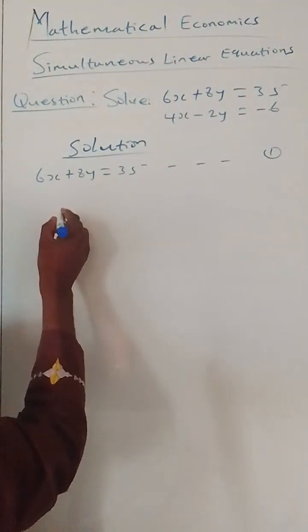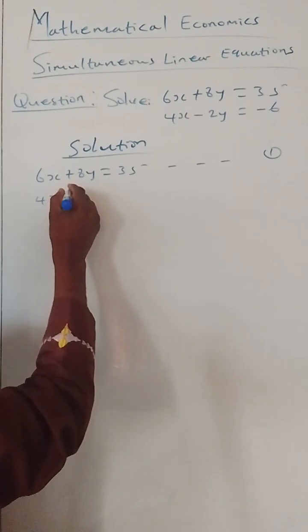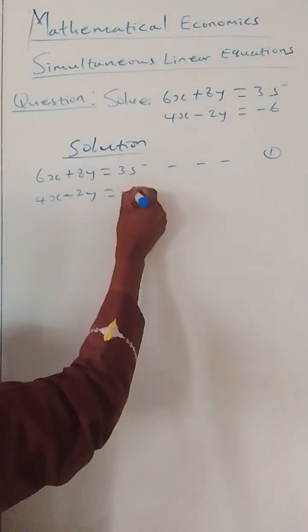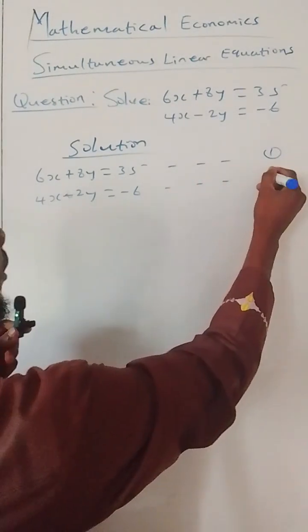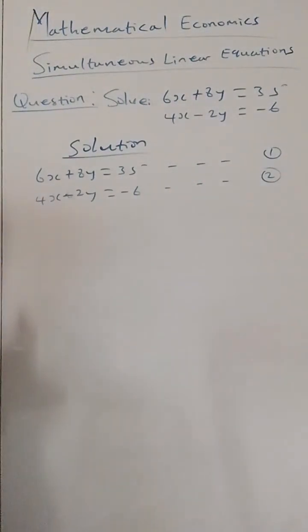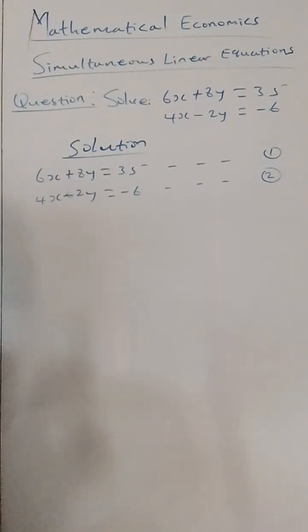The second one is 4x minus 2y equals minus 6, which I call equation 2. Irrespective of the method, it's advised to first write out the equations like this and name them equation 1 and 2.